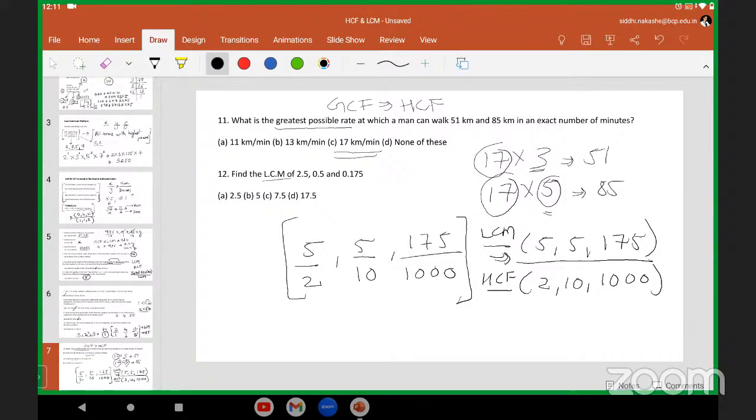Question number 12 सबको आ गया है? Okay, question number 12 का आंसर somewhat 35/2 आएगा, so which is 17.5.